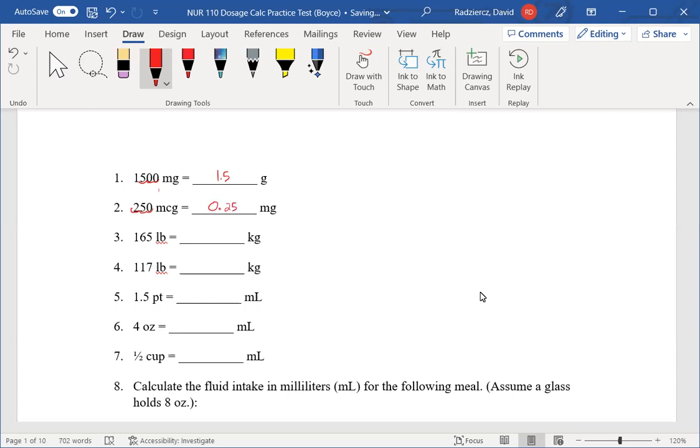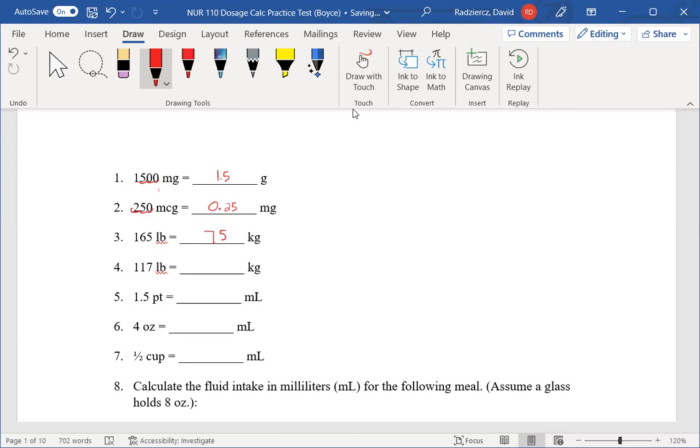Now for going from pounds to kilograms, I personally need my calculator. If you can do that in your head, great. But I'm just going to take the patient's weight in pounds divided by 2.2. That's going to give me 75 kilograms. I'm going to take the patient's weight, 117 in pounds, divided by 2.2. Now here I get 53.18181818.